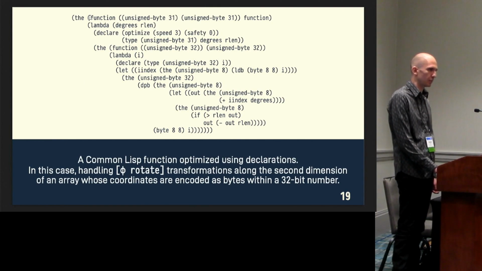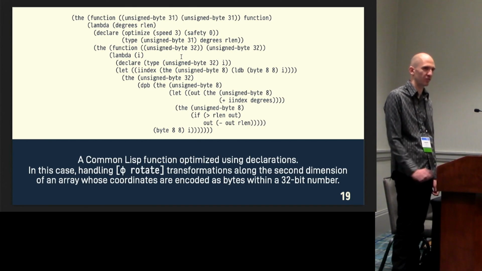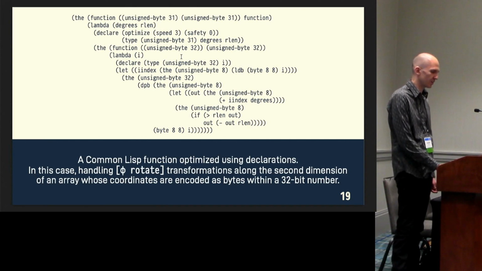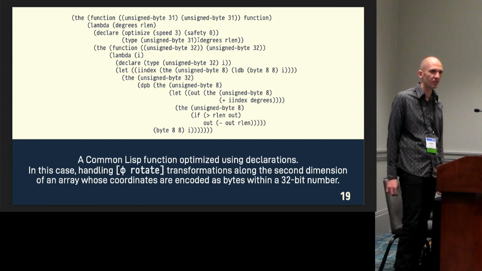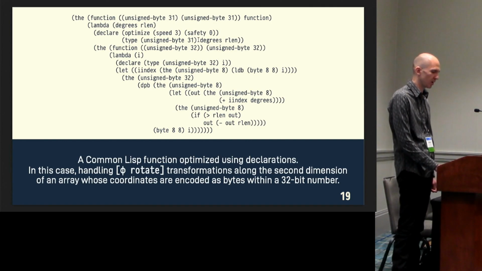The first that I developed was optimized Common Lisp functions for specific transformations and specific array properties. In this case, you can see that I've got these statements and these declares. These establish the type of integer that's being processed by this function. In this case, this is a function for handling the rotate transformation along the second dimension of an array whose indices can be expressed in 1 byte with a rank of 4 or below, meaning that they fit inside a 32-bit integer.